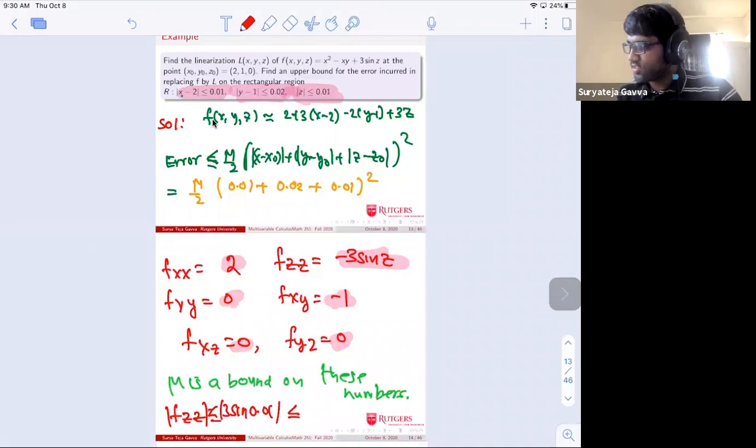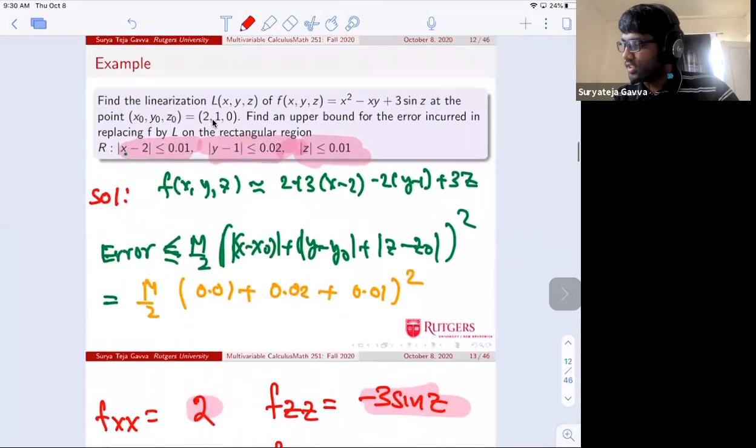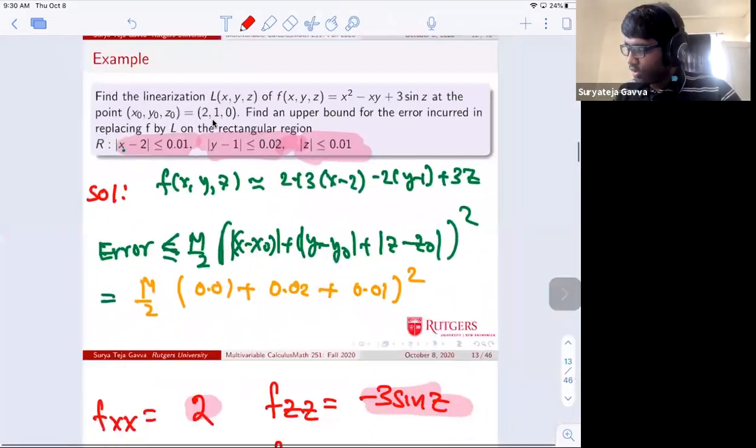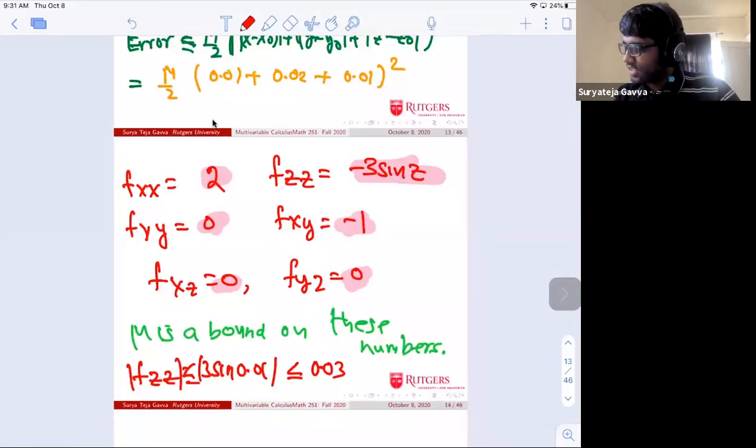And you see that sine 0.01 is less than 0.01, so this is at most 0.03, right? Because z is not any value. We are restricted to this set of values. So that means this is less than 0.03.